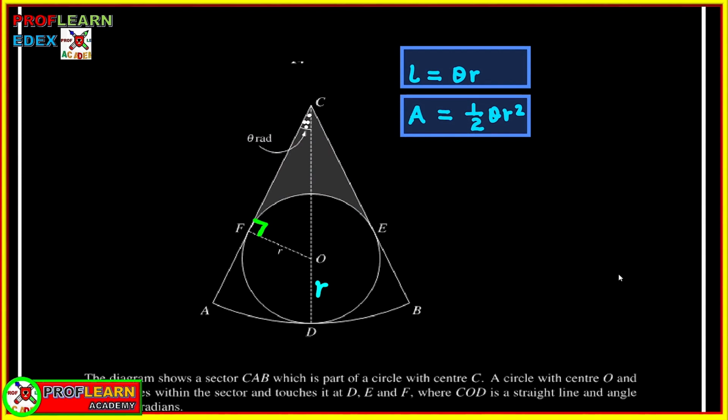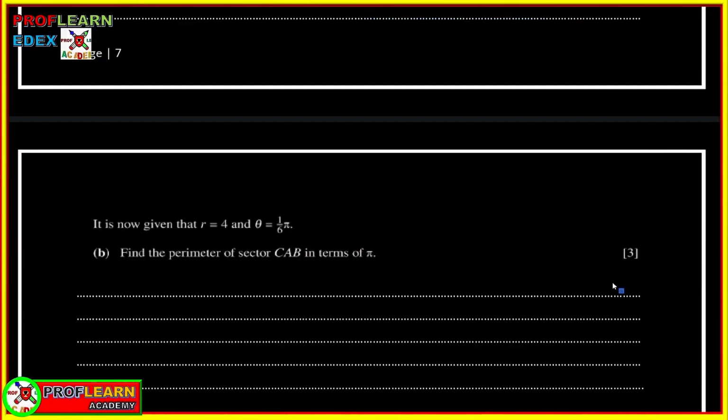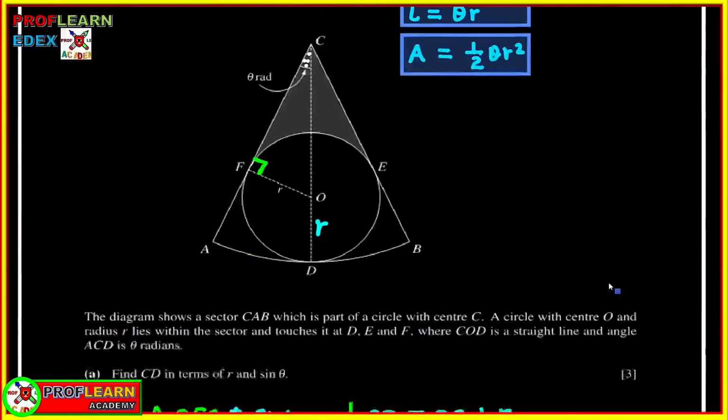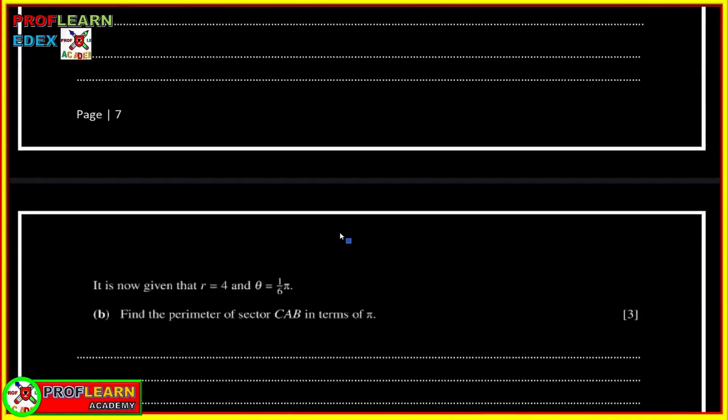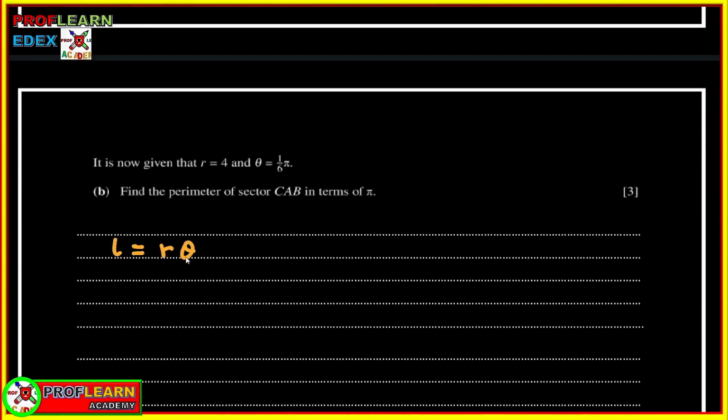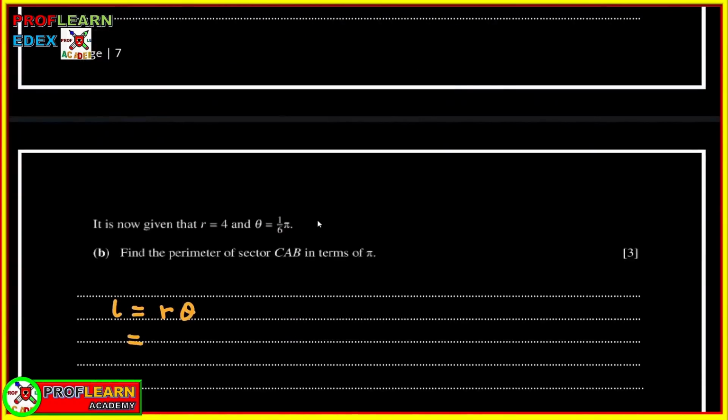The radius is the distance CD, the one that we had obtained, and the angle that we're going to use is also given down there. So the arc length is going to be equivalent to r theta, and that theta we are given, but our radius is that length.